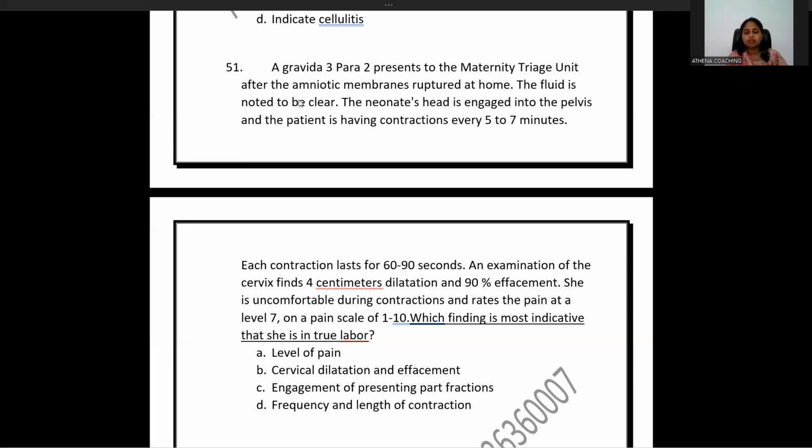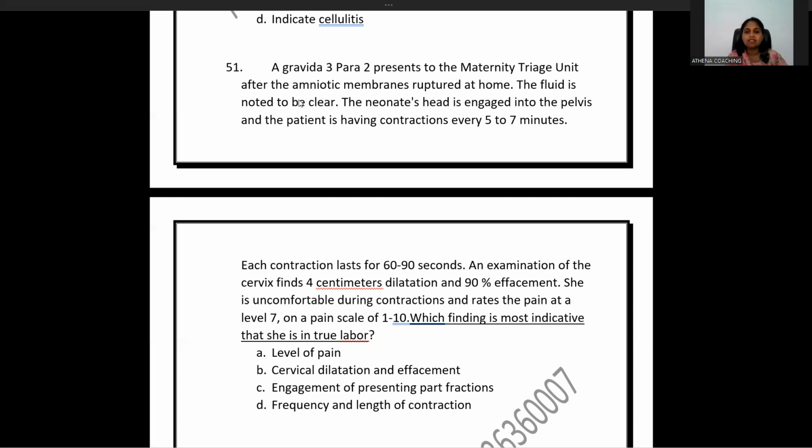On examination, you found 4 centimeter cervical dilation and 90% effacement. What is effacement? It is pulling up of the lower uterine segment, which is a true sign of labor. Fine. And she is uncomfortable during contraction and her pain is 7. That means she has strong pain also.